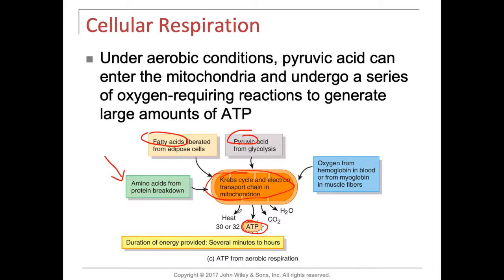And its byproduct is going to be heat. That's why we perspire at the gym. We push out carbon dioxide and water. Those are the final byproducts of energy production. And the duration of the energy provided can serve us from minutes to hours, really depending.